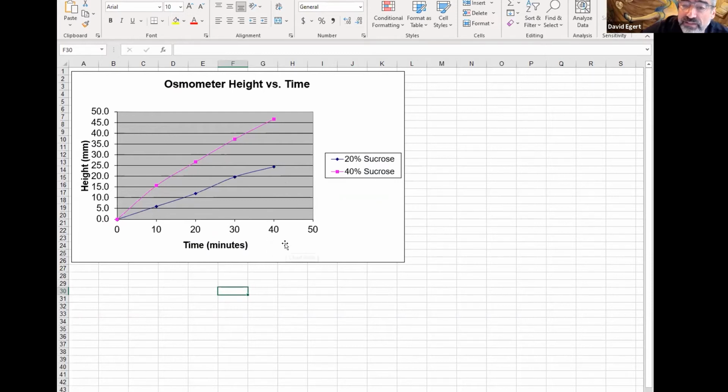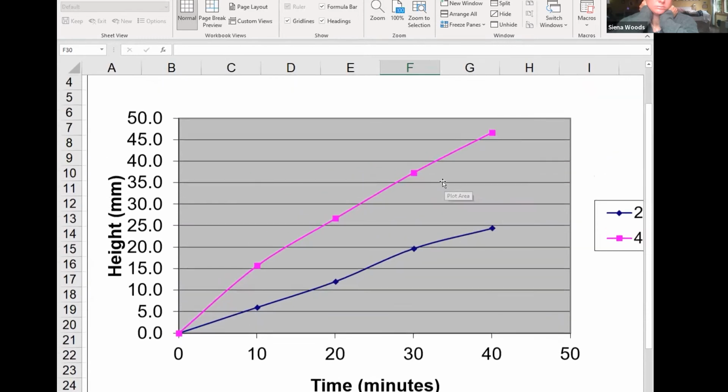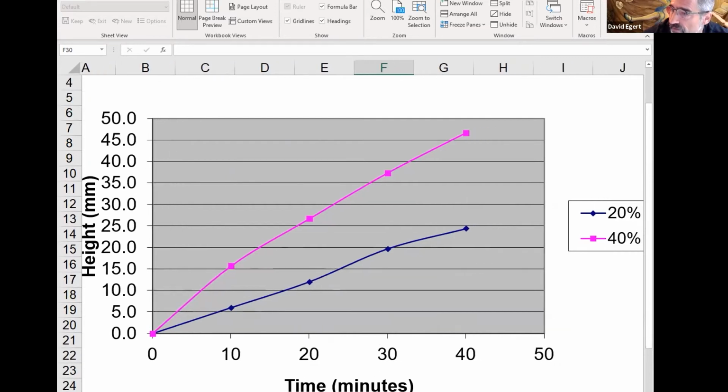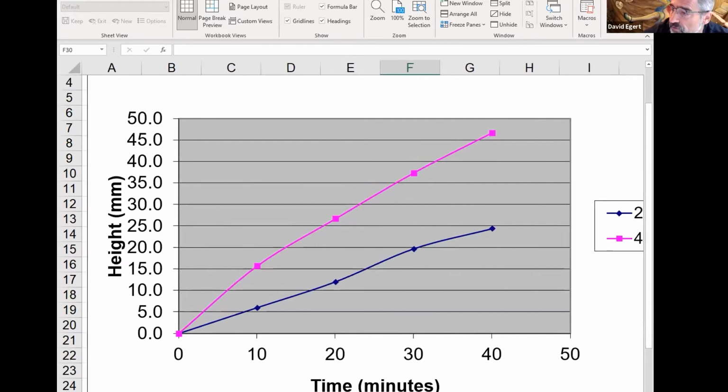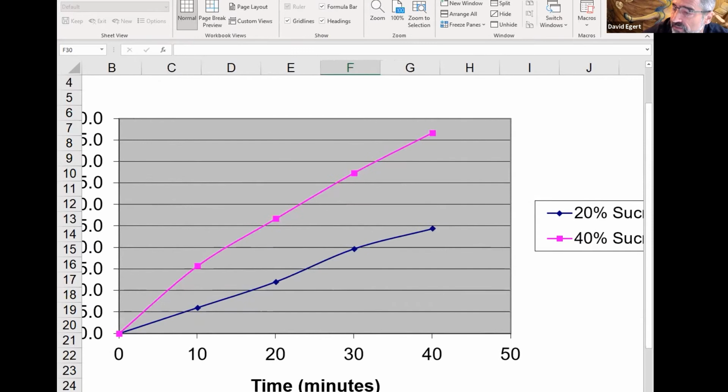Does this make sense? This is height up the tube. Purple is the sucrose 40%, blue is the 20%. Does this make sense?